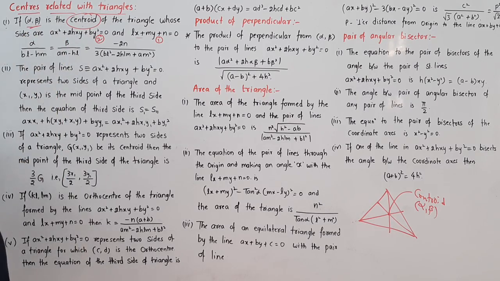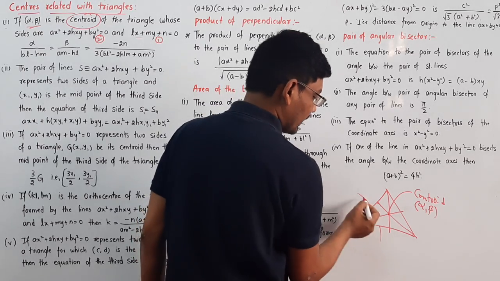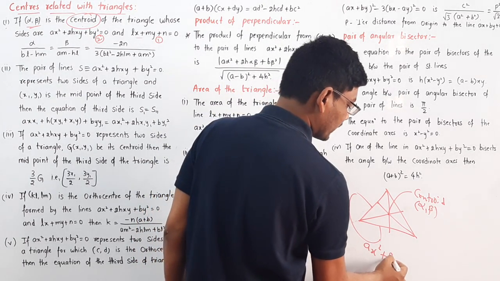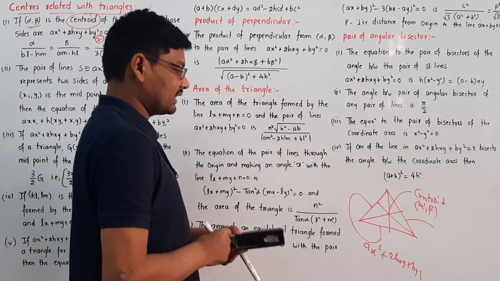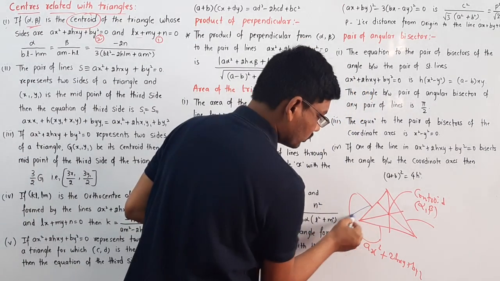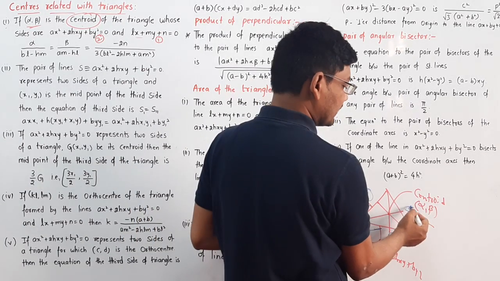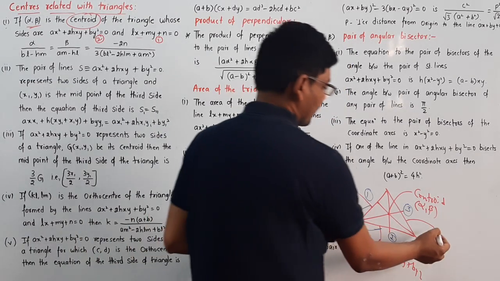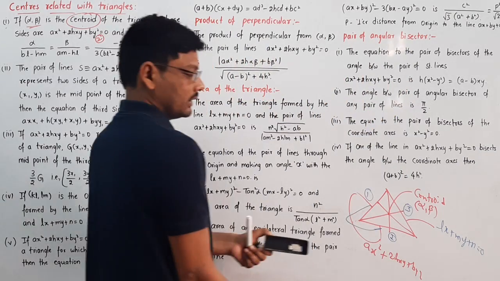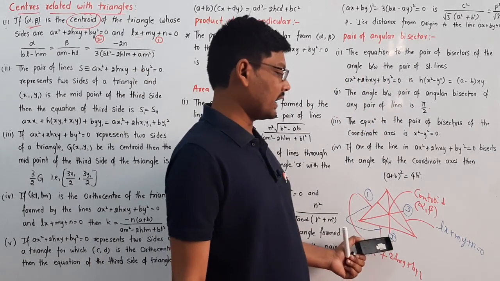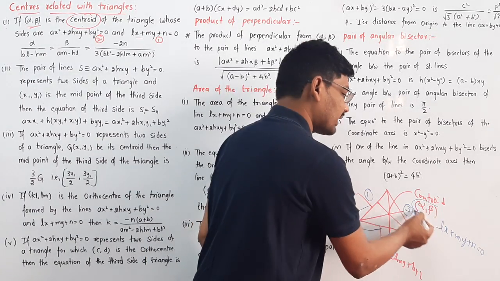Here these two lines are a pair of straight lines, that is ax square plus 2hxy plus by square, and the third side is a line, lx plus my plus n is equal to 0. This triangle is framed by a pair of straight lines and a line intersecting that pair. So the centroid of this triangle is alpha comma beta.